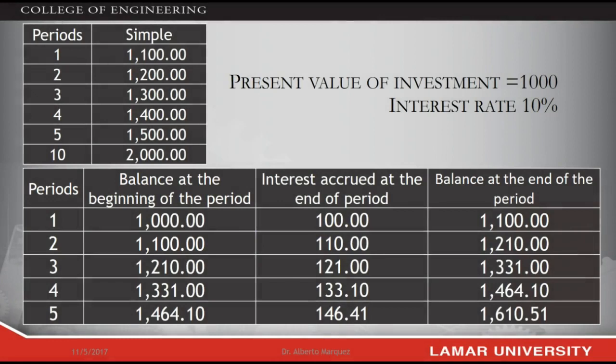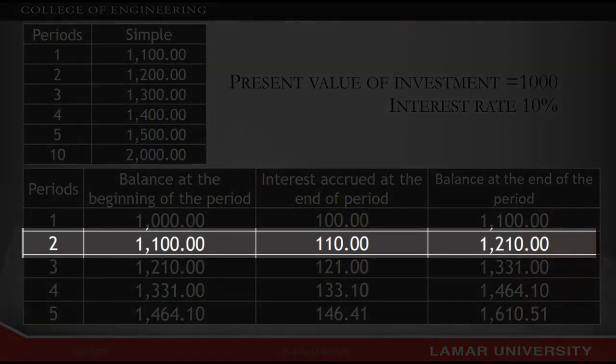What we have at the beginning of the second period is 1,100. Now we compute the interest for 10% and an initial balance of $1,100. And the interest now is 110 as opposed to only $100 in the simple interest case. So the total amount we will have at the end of t equals 2 would be $1,210.